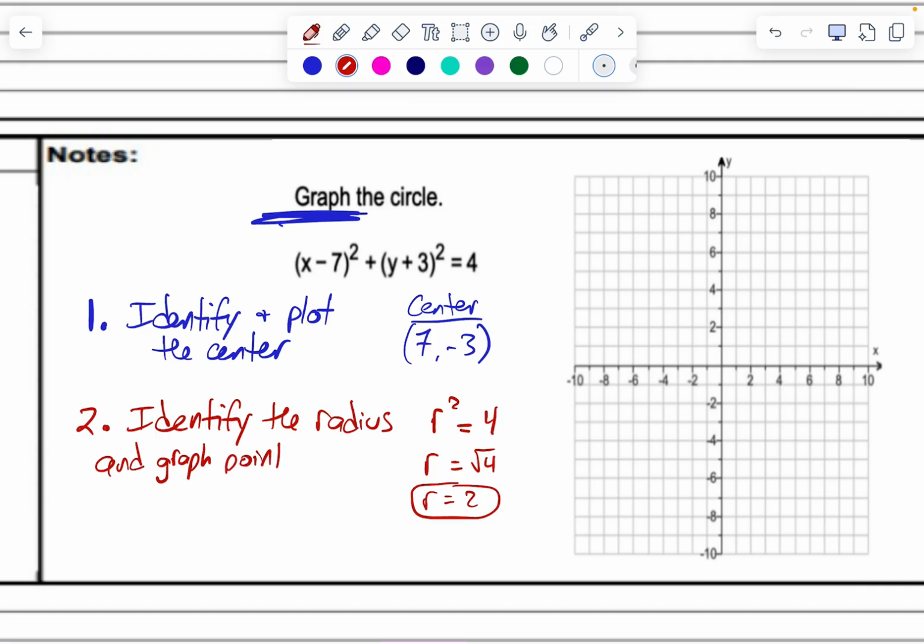Because the radius is known, we can't do diagonal, we can't count boxes. So you're just going to graph points left, right, up, and down from the center.